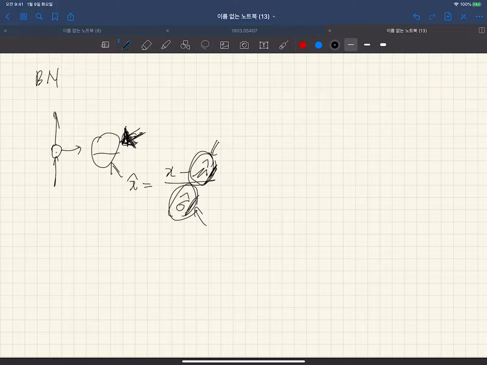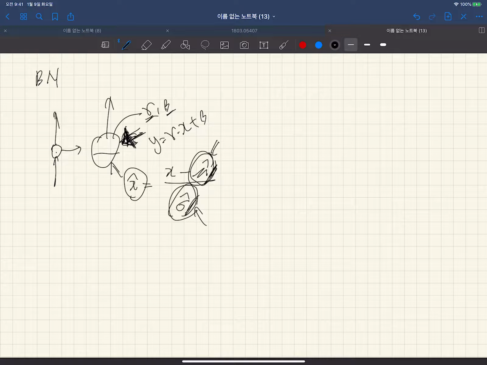By the way, for the batch normalization process, after scaling your input x and computing x hat, you rescale with the parameters of the batch normalization layer, gamma and beta. So you compute y equals gamma times x hat plus beta, and gamma and beta store some information.